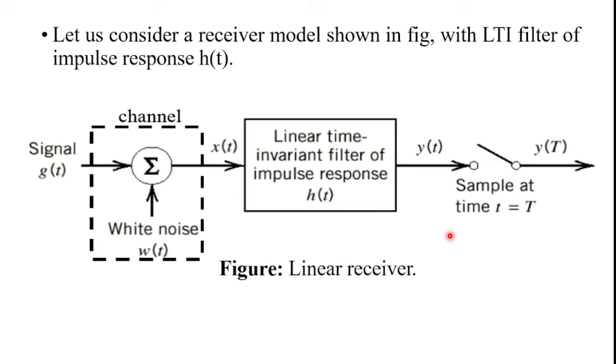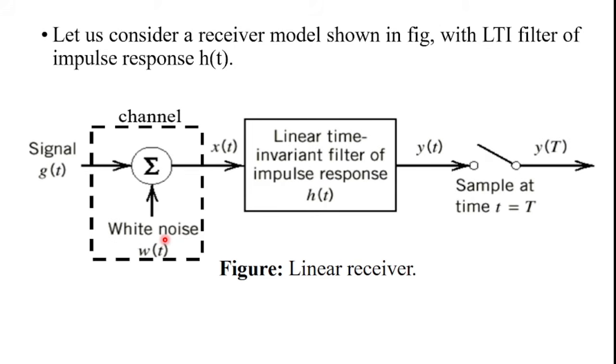Consider then the receiver model shown in the figure, involving a linear time invariant (LTI) filter of impulse response h of t. This is the channel, and there are two inputs: one is the pulse signal g of t and the other is the noise signal.